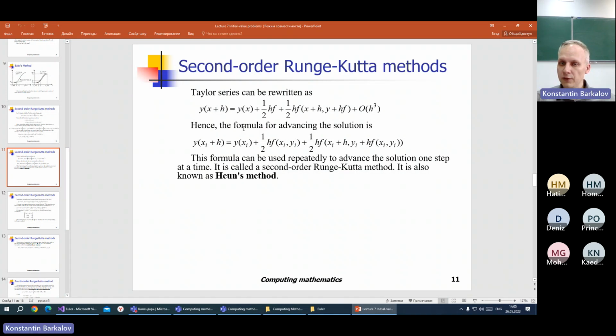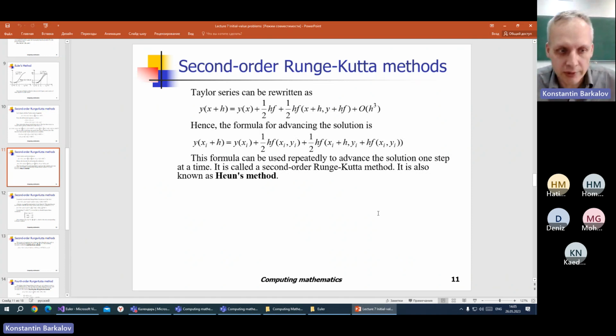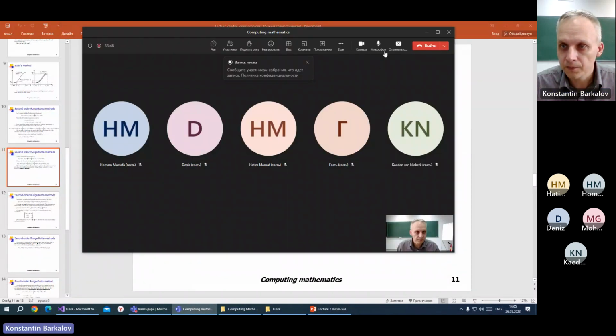How can we apply this formula and how does it correspond to Euler's method? To explain it, let me write on a board some formulas. First, I switch to the video. I stop sharing the screen. I switch to the video, but I sent you this presentation, and you may open this presentation at every moment.